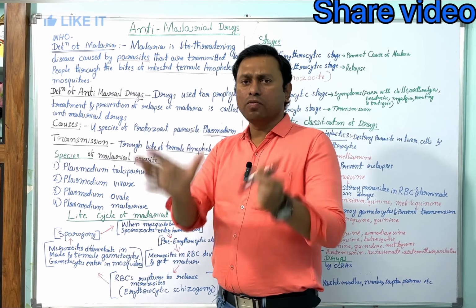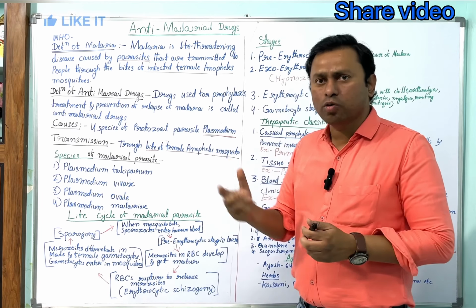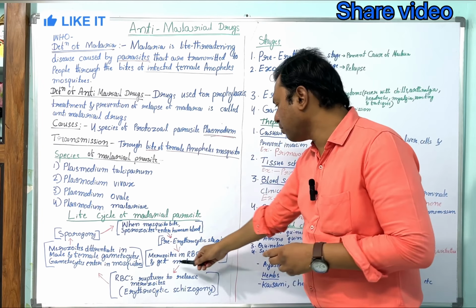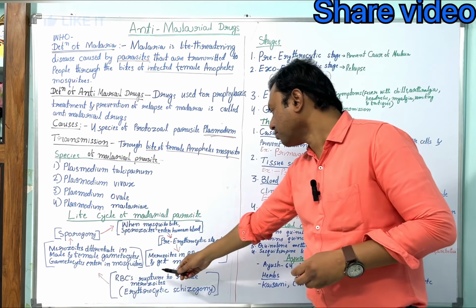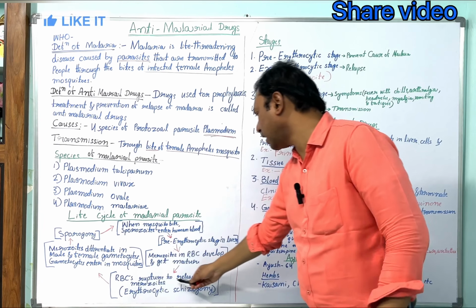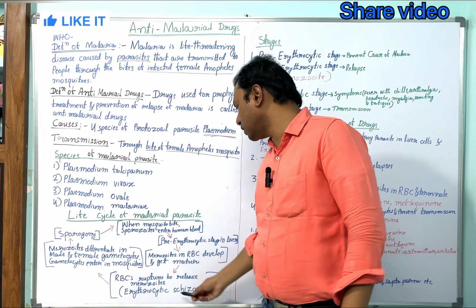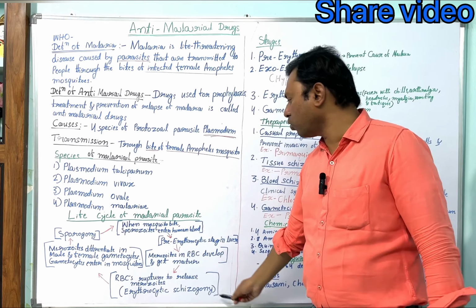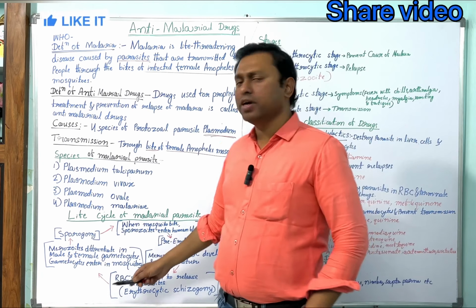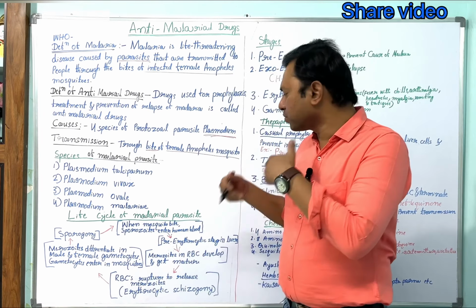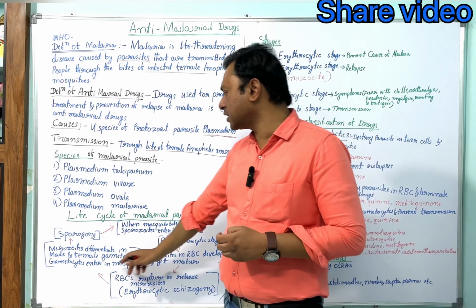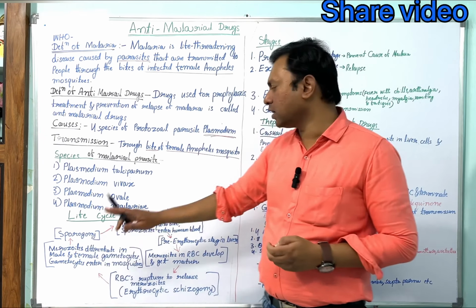bursts. When it bursts, two things happen. The RBC ruptures and releases merozoites, which is erythrocytic schizogony. One is that they mature, and the other is that gametocytes are produced.